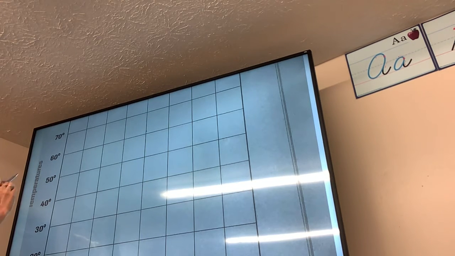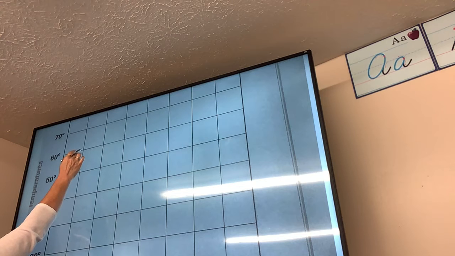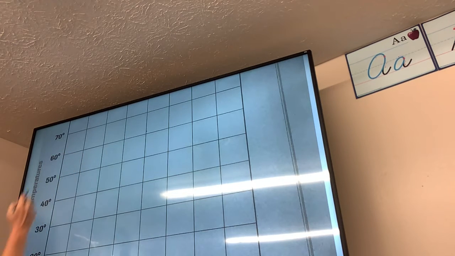All right, so you're going to follow this first line up till you get to 60, and I said 61, so we're going to put a dot right above the 60, really close to the line, because 61 is not that far away, right? So put a little tiny dot somewhere right above the 60 to represent 61.